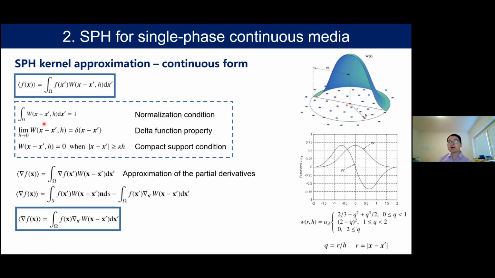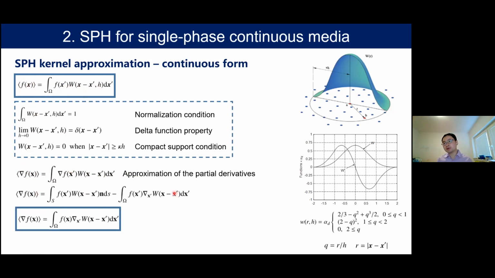So here we finish the kernel approximation, but what we really need in numerical simulation is the approximation of the partial derivatives. So if we substitute this field function using the gradient of the field function, we can get this equation, which is very similar to this one, just to replace the gradient.